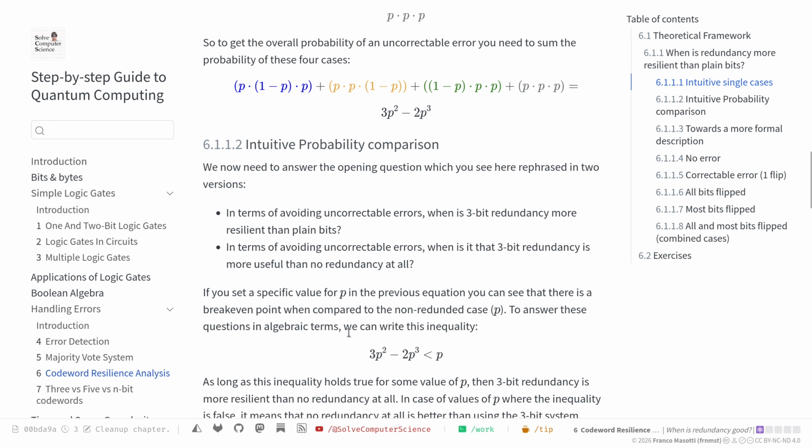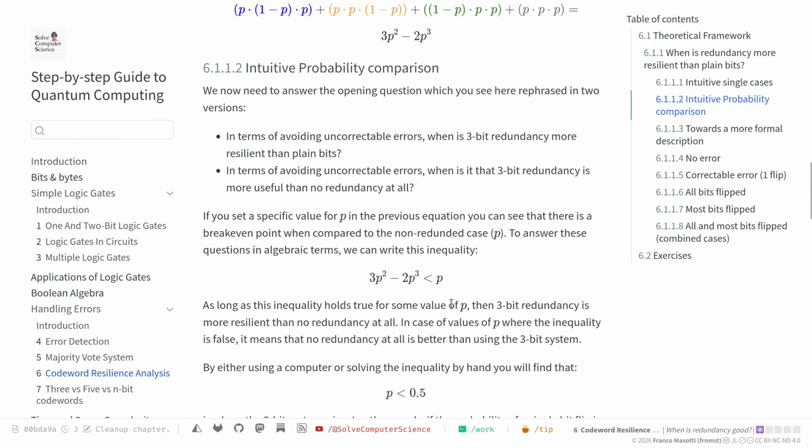What you do is use this equation here and compare it with p, okay? So you're asking when is the 3-bit redundancy uncorrectable error probability less than the uncorrectable error probability of no redundancy at all, okay?